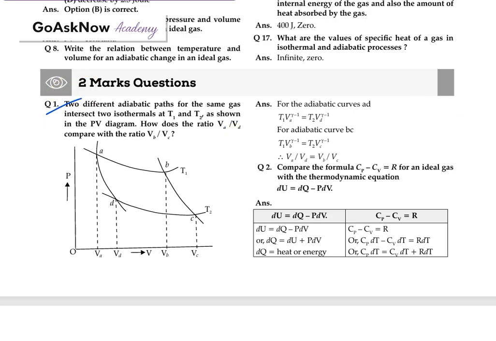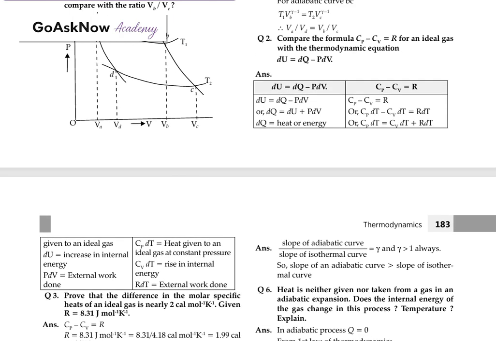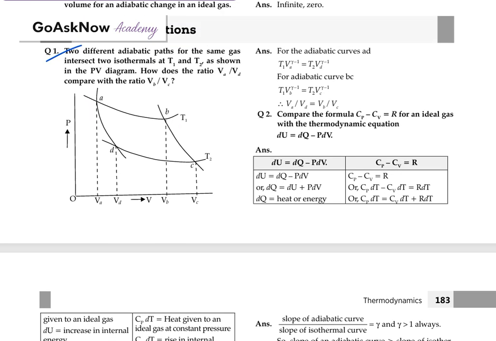Firstly, we have a condition that two different adiabatic paths for the same gas intersect with the temperatures T1 and T2 shown in the PV diagram. How does the ratio of VA and VD compare with the ratio of VB and VC?